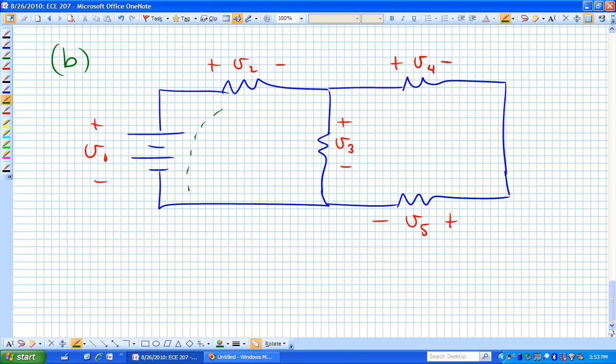We could go around this loop, and I'll say that's loop or mesh 1. That's actually not going to give us all the information we need necessarily to solve this problem. Let's look at the other mesh or window or loop. Let's call that 2.